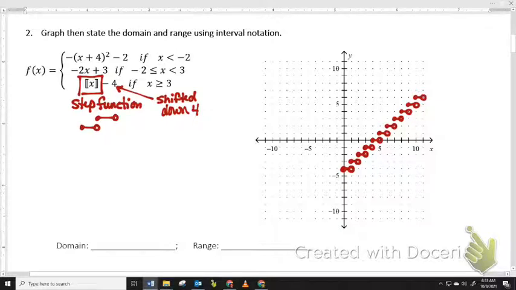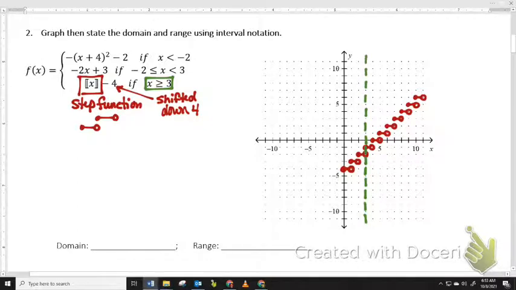Now I'm looking at that fence. Where does it say the fence is? Greater than or equal to 3. So at 3, 1, 2, 3, that would be right here. And because it's greater than or equal to 3, I need to erase some because it's not going to be on both sides.